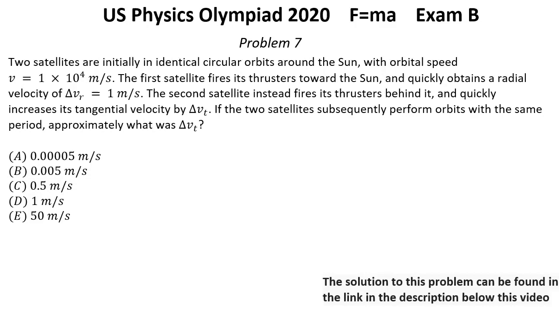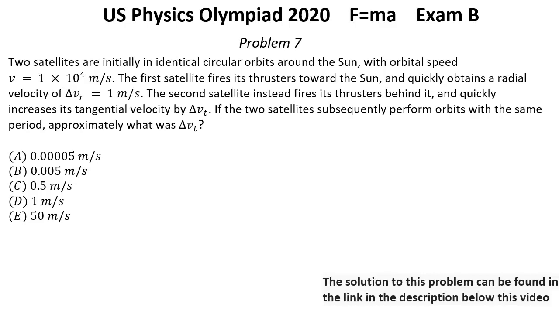Problem number 7. Two satellites are initially in identical circular orbits around the Sun, with orbital speed v equal 10⁴ meters per second. The first satellite fires its thrusters toward the Sun and quickly obtains a radial velocity delta Vr equal 1 meter per second.